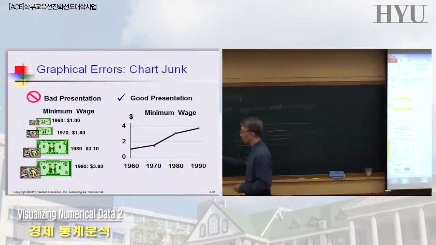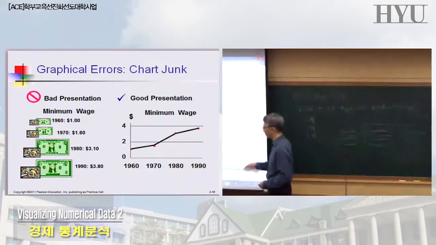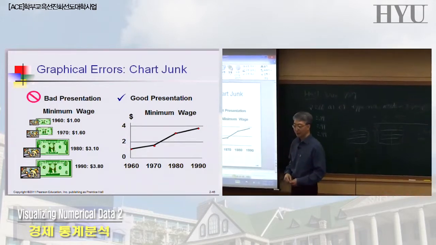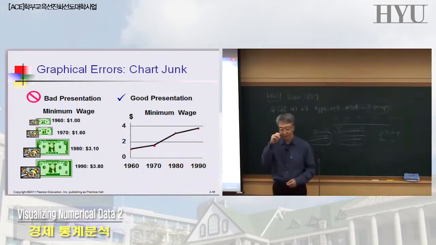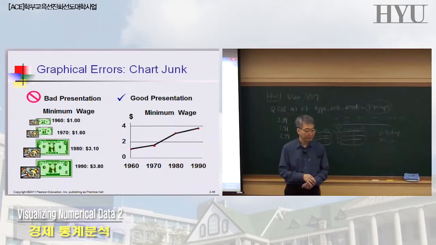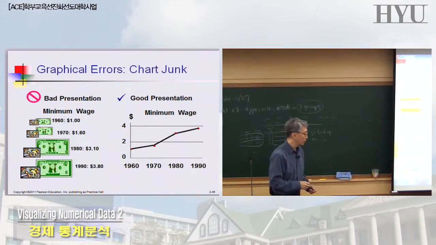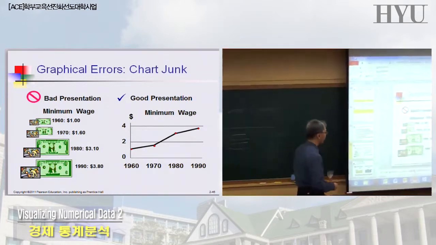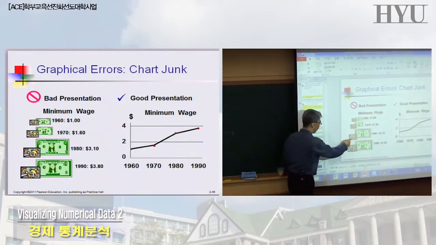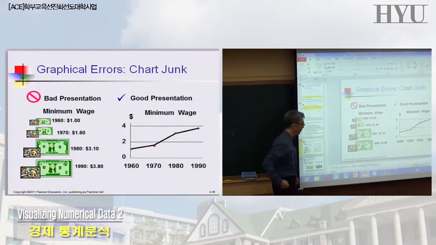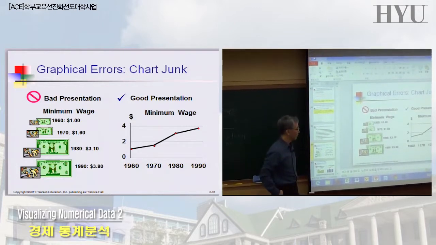It says bad presentation, and this is good presentation. Why? Can you think of the reason why? Unnecessary adornment? Maybe, yeah. I guess these things are meaningless, just unnecessary adornment.